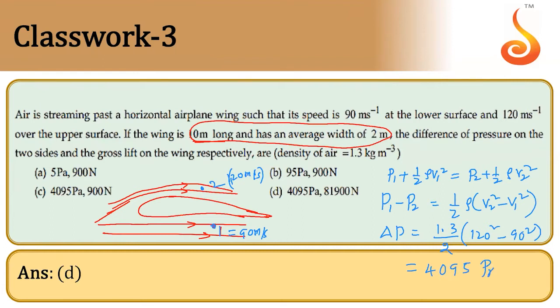Once we get the pressure difference, the force exerted by air on the wing, the upward force, will be pressure difference into area. So 4095 into the area of the wing, 20 meter square, is equal to 81900 Newton. Okay. So copy this, children.